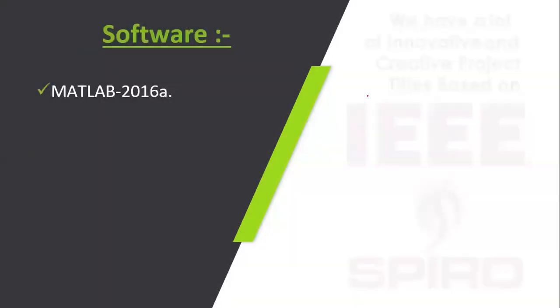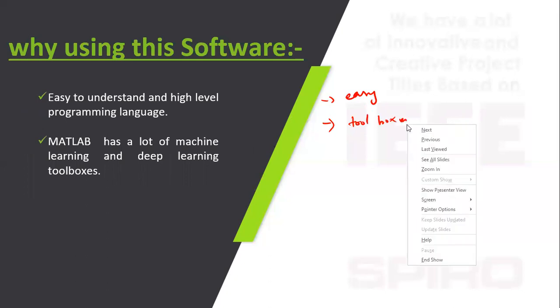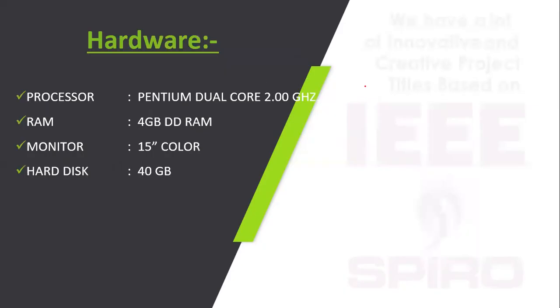In this project, we are using MATLAB 2016a version. We use MATLAB because it is easy to learn and easy to understand, a high-level programming language, and it has a lot of toolboxes to make our system easier. If you use MATLAB, a 64-bit operating system is mandatory.